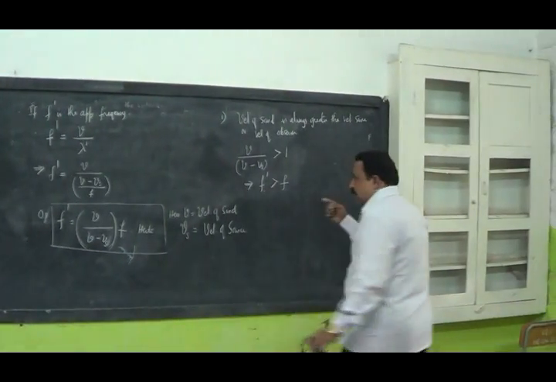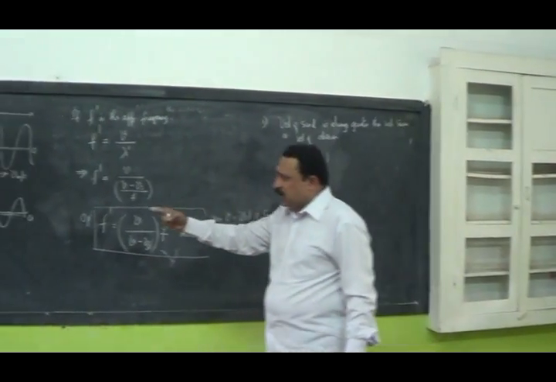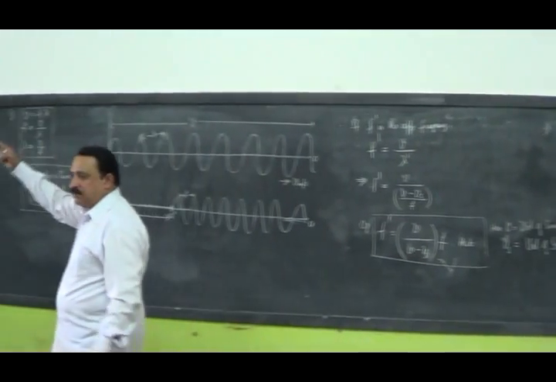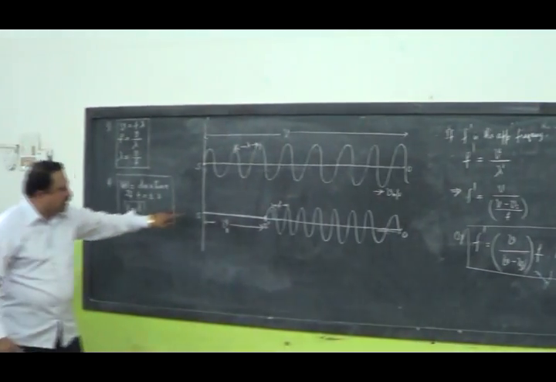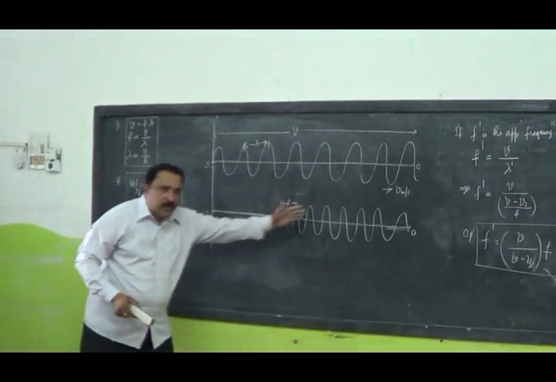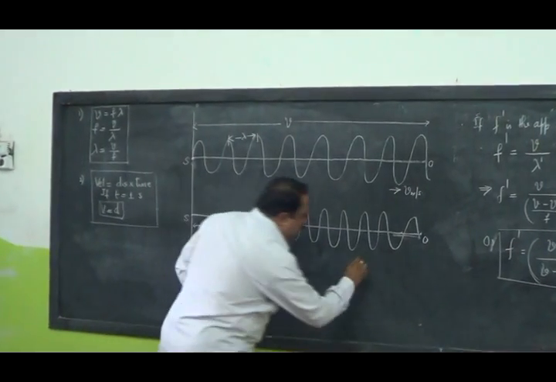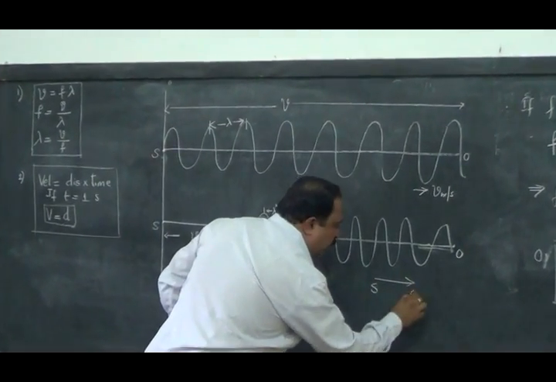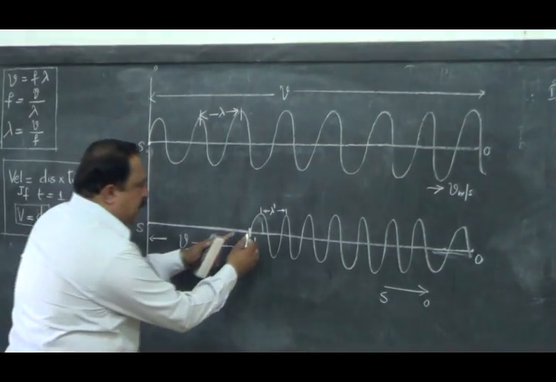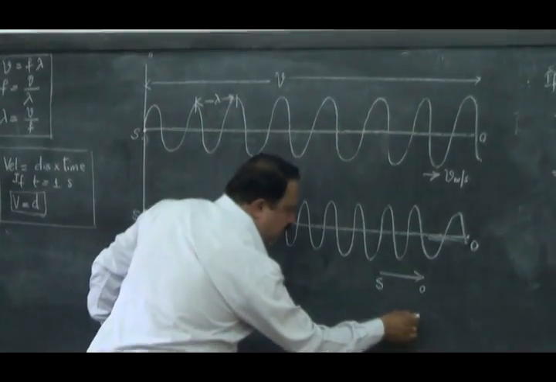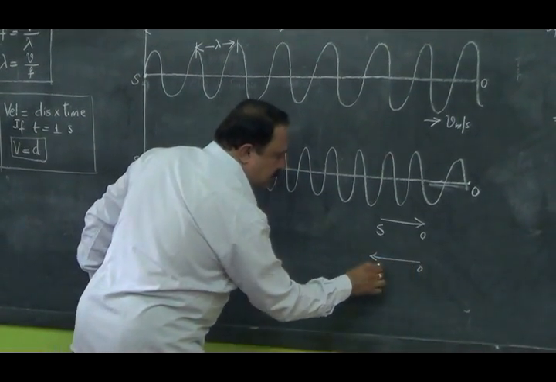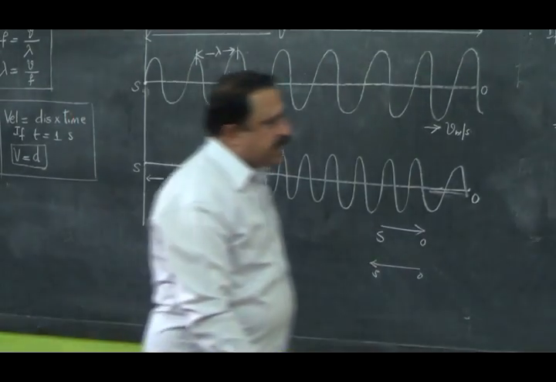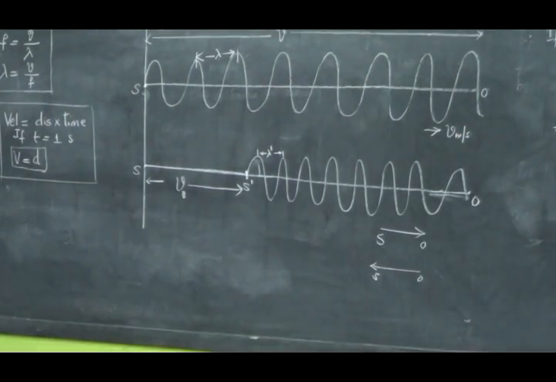If the source is moving away from the observer, in this case you see the source is moving towards the observer. Can you see that? Source is moving towards the observer. Supposing the source moves away from the observer like this. In that case, nothing to worry.